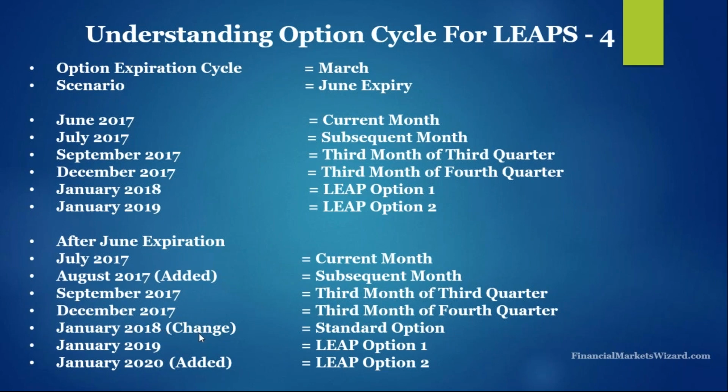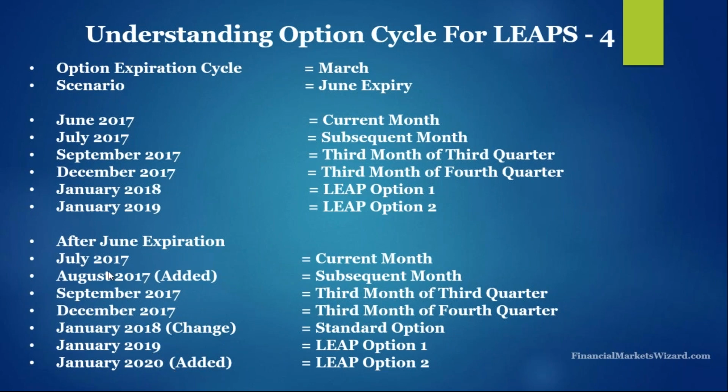Now 2018: in the month of June, they changed the January, because it's 6 months left, so they changed the January into a standard option. So they convert it, and then they always add another long-term month for LEAP.